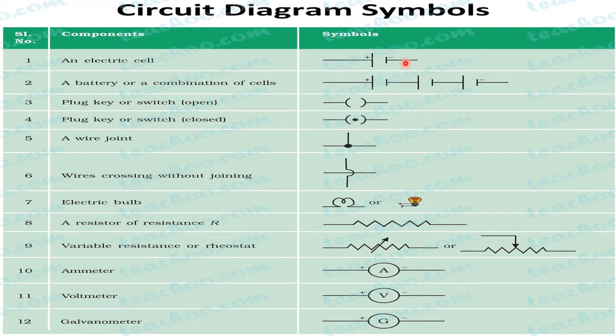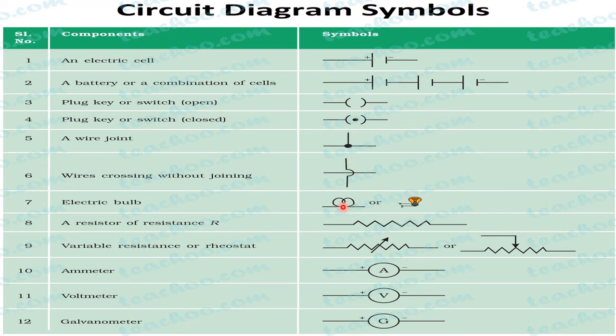This symbol is for an electric cell, and this symbol is for a combination of 3 cells, and this is for an open switch, and this is for a closed switch, and this represents a wire joint, and this represents a crossing of wires without joining.